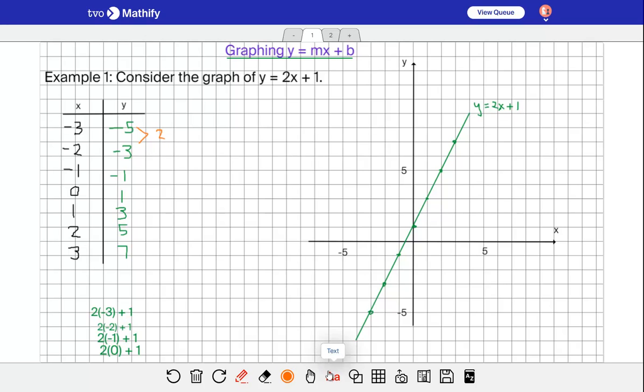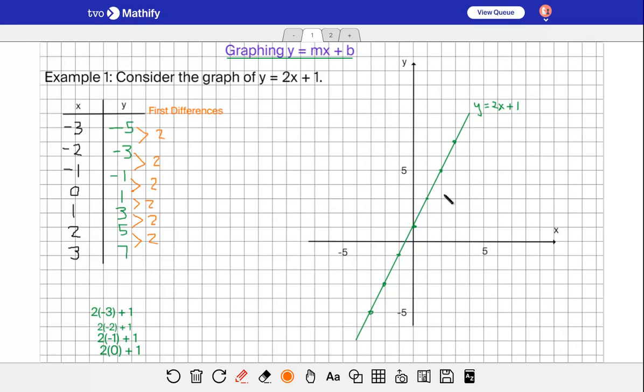These are actually the first differences, I'm going to write here. -3 to -1, we're going up 2. -1 to +1, we're going up 2. From 1 to 3, you're going up 2. So every one of these, you're going up 2 between successive y values.